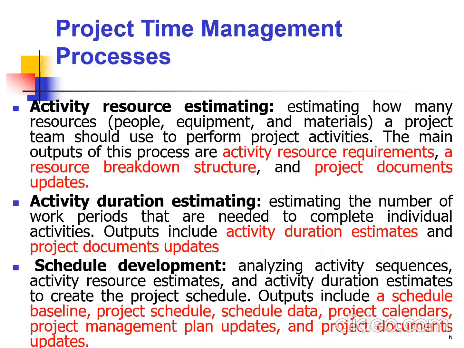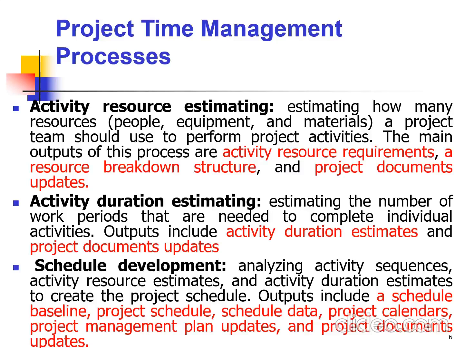We have activity resource estimating, which involves estimating how resources, these include people, equipment, and materials, a project team should use to perform project activities. So the main outputs of this process are activity resource requirements, a resource breakdown structure, and project documents updates.